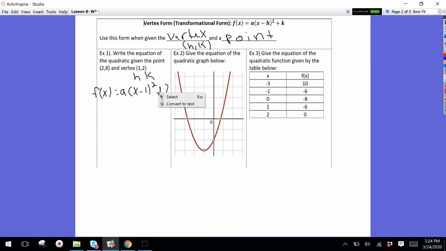Now our job is to go ahead and figure out what our a value here is. So we're going to plug in our point, which this is x and this is y, right, or f of x. And so we're going to plug in our 8 here where there's an f of x, and we're going to plug in 2 here for x.